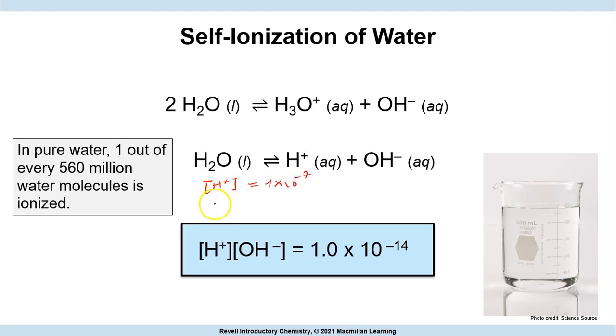And the concentration of the hydroxide ion is equal to 1 times 10 to the minus 7. If we take the product of the concentration of the hydrogen ion and the hydroxide ion, that gives us 1.0 times 10 to the minus 14.